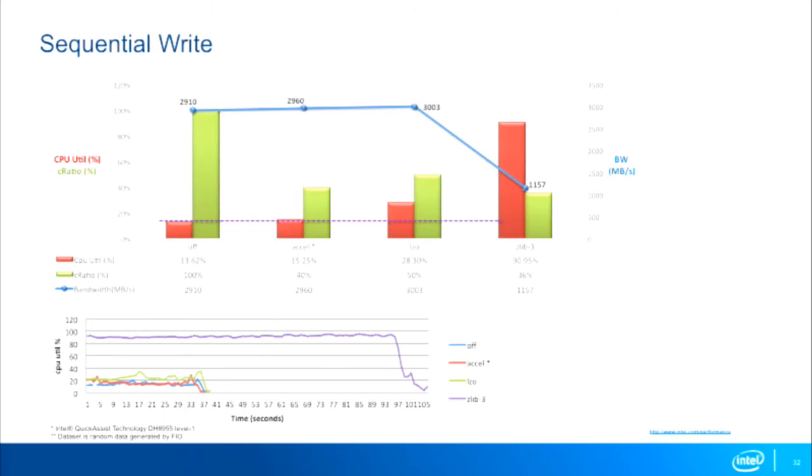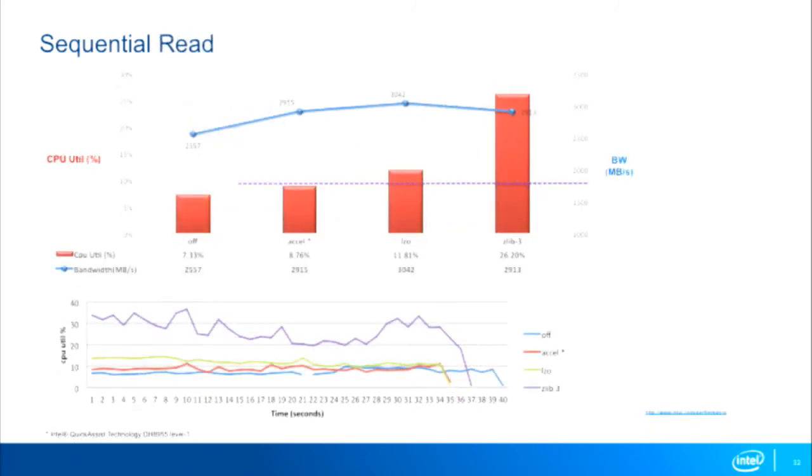You can do better with other compression methods, but the CPU utilization is still pretty high. But with adding the QAT offload, you could do both. You do it in half the time, and you keep your CPU utilization low. And for reads, the benefit wasn't quite as obvious as the writes.